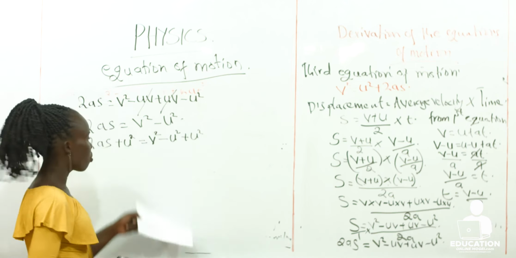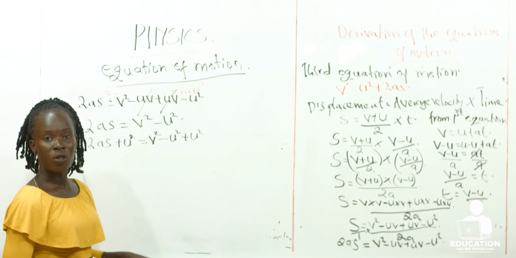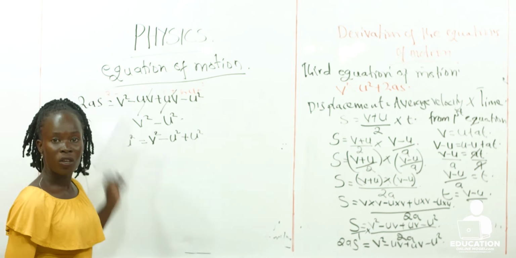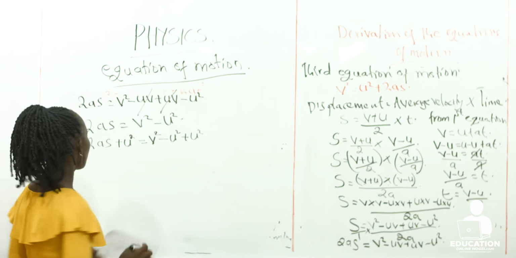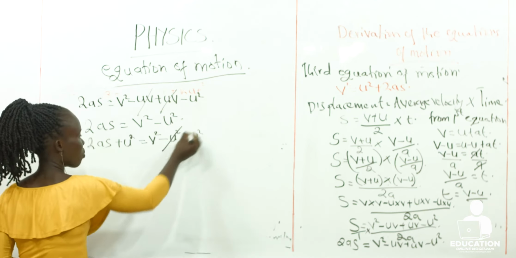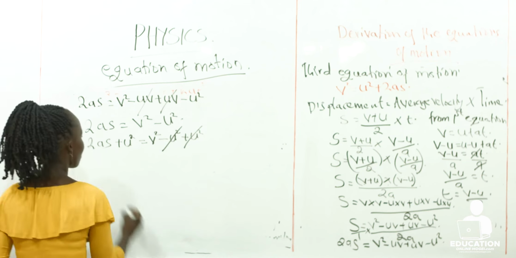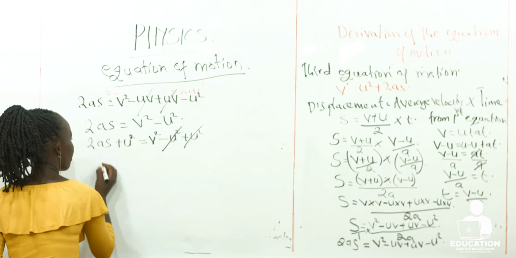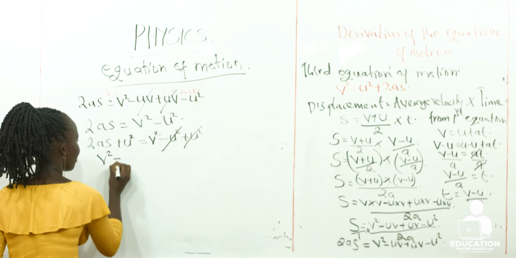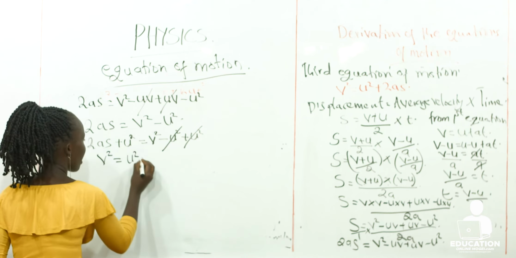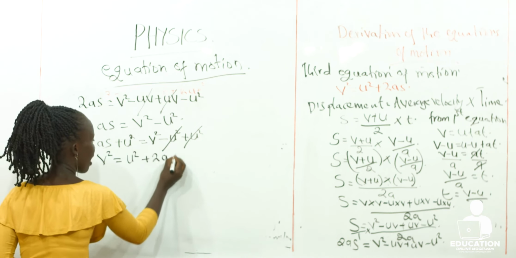By adding it on both sides, we are trying to take it from one side to the next side. So what shall we be having? This one will go with that. So we shall be left with v squared is equals to u squared plus 2as.